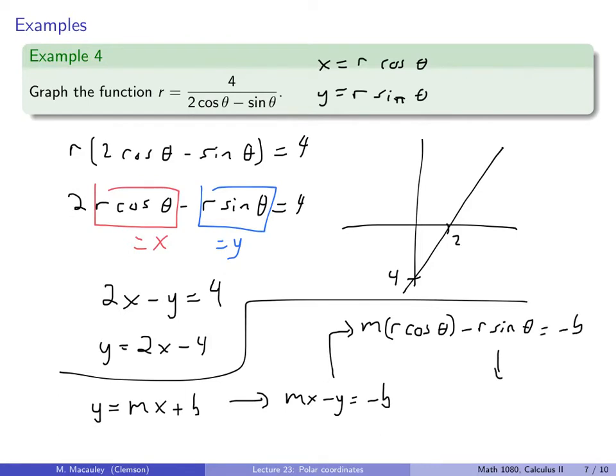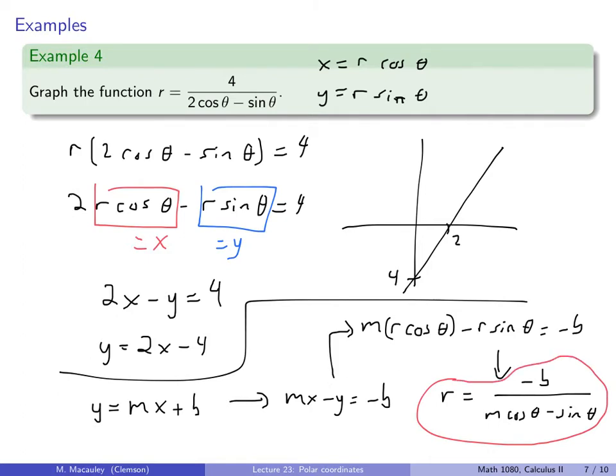Now you can factor out the r, and you get r equals negative b over (m cosine theta minus sine theta). Hey, look what I've done. I've just derived the equation for the line y equals mx plus b in polar coordinates. Not something you would have guessed, right?